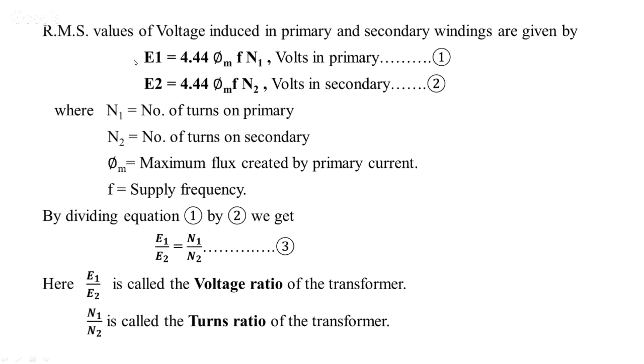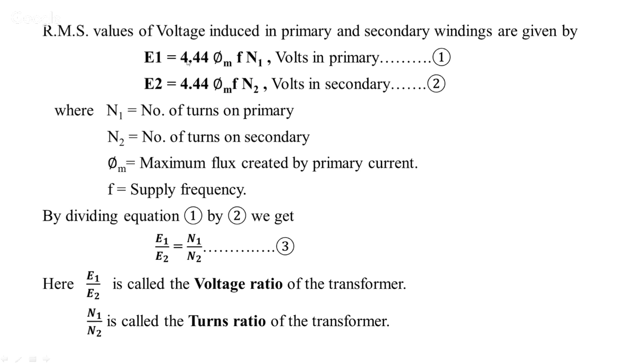Now the RMS values of voltage induced in the primary and the secondary windings are given by E1 = 4.44 f φm N1 volts, and similarly E2 = 4.44 f φm N2 volts, where N1 is the number of turns on the primary, N2 is the number of turns on the secondary, φm is the maximum flux created by the primary current, and f is the supply frequency.